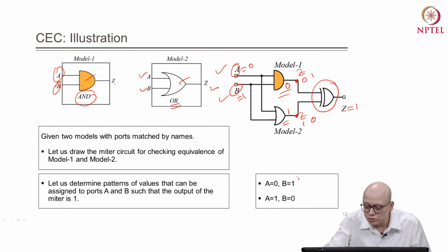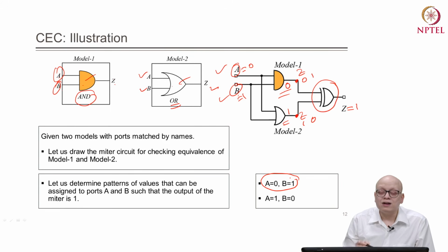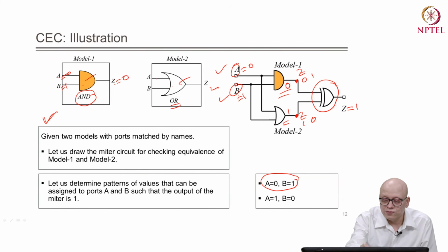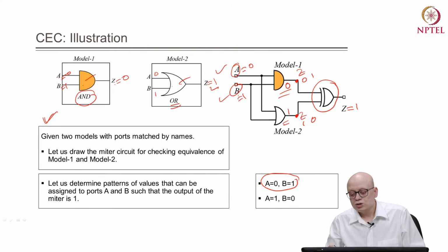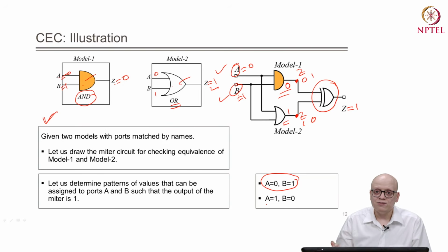So A is equal to 0, B is equal to 1 is the input pattern at which these two models will give different results. So A is equal to 0, B is equal to 1 is a failing pattern. Similarly, A is equal to 1 and B is equal to 0 is also a failing pattern.